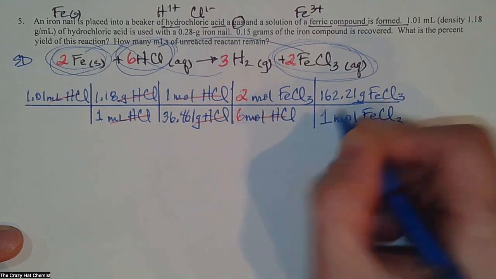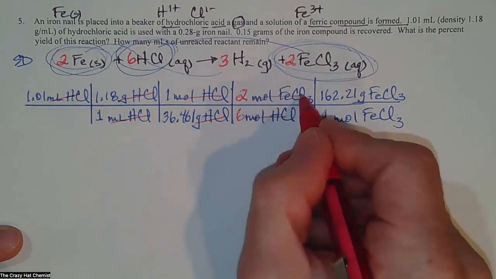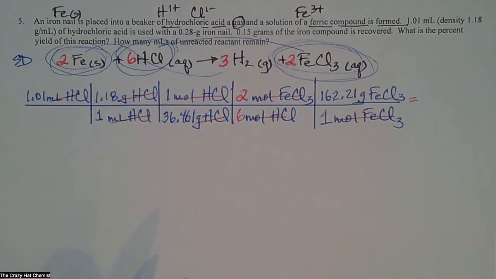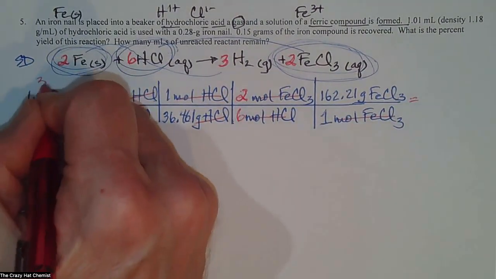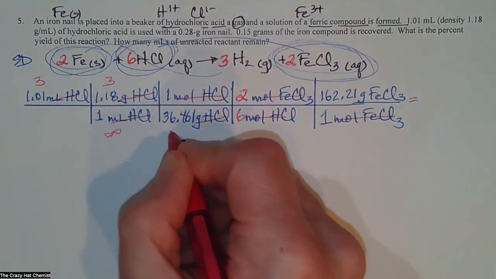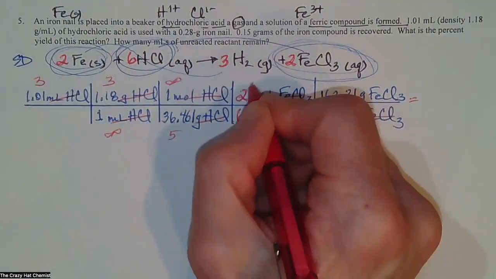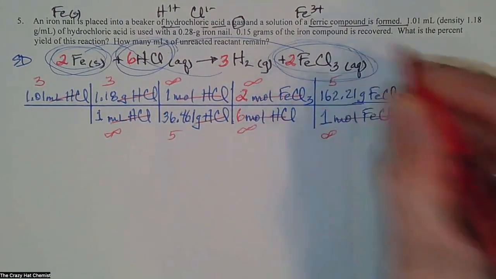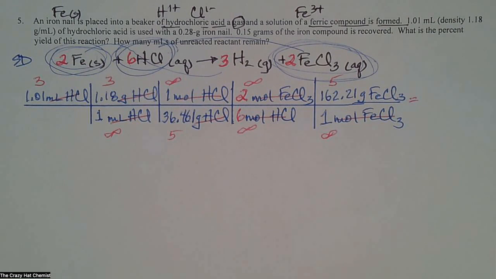That's equal to 1 mole. Moles of ferric chloride cancels out. I'm looking at significant figures. I have 3 significant figures, 3, infinite, 5, infinite, infinite, infinite, infinite, and 5. So the fewest number of significant figures I have on this problem are 3.